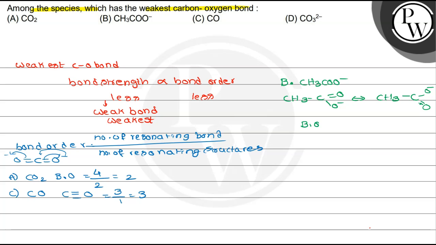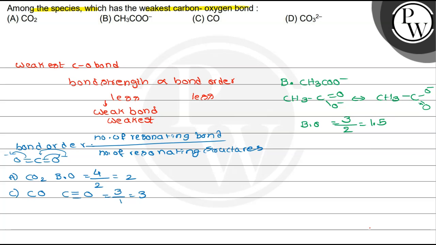How many resonating bonds are present? 3 here: 1, 2, 3. So 3 resonating bonds and 2 resonating structures, the bond order will be 1.5.